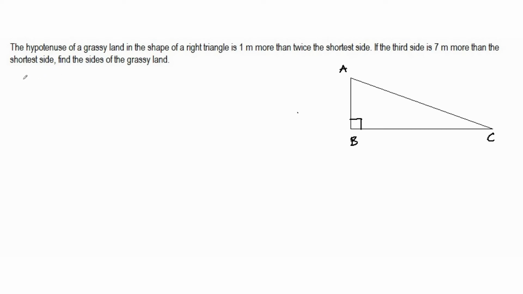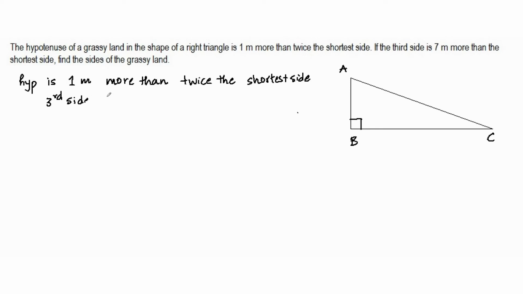Let us write what is given. The hypotenuse is 1 meter more than twice the shortest side, right? Twice the shortest side. And the third side is 7 meters more than the shortest side.